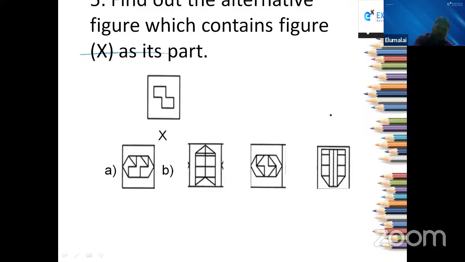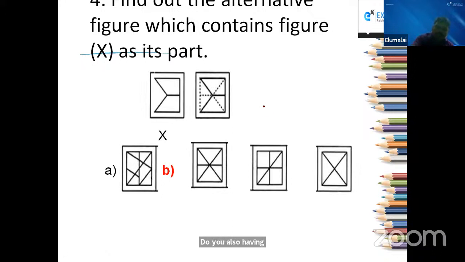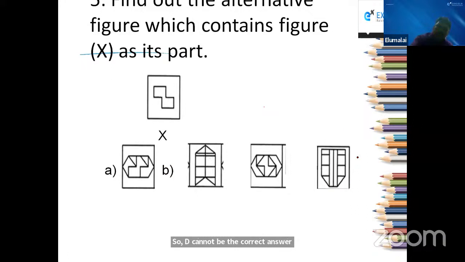D also has the same, right? No, that is not true here. See here, you can see this straight line, this straight line, this straight line. But where is it here? It is missing here. So D cannot be the correct answer. I hope you can understand this. Good.